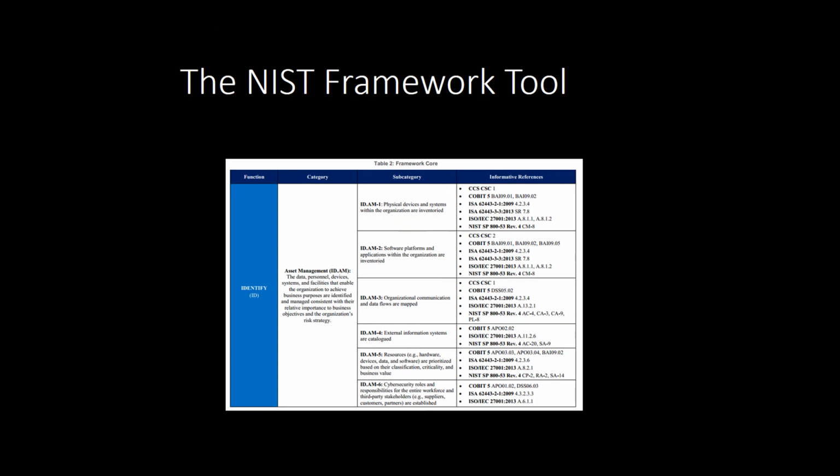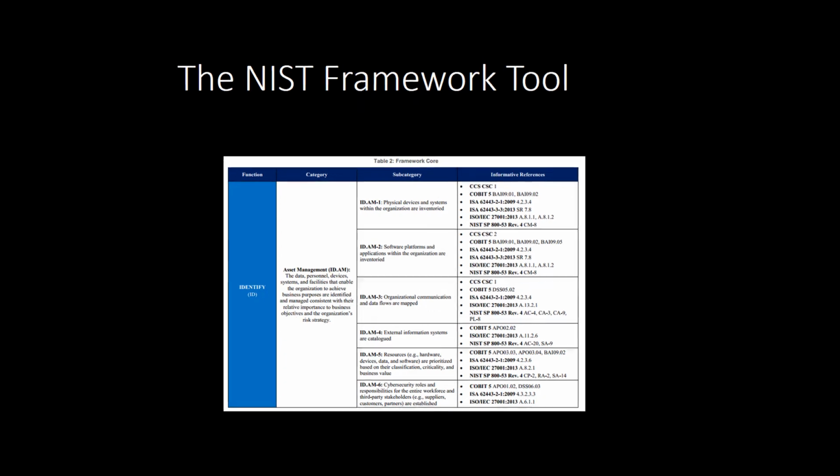So here is an example of a page from the NIST framework tool. If you go to the NIST website, you can download the whole packet, the whole framework, and you'll see that the tool is huge. There are pages and pages and pages of this kind of stuff.